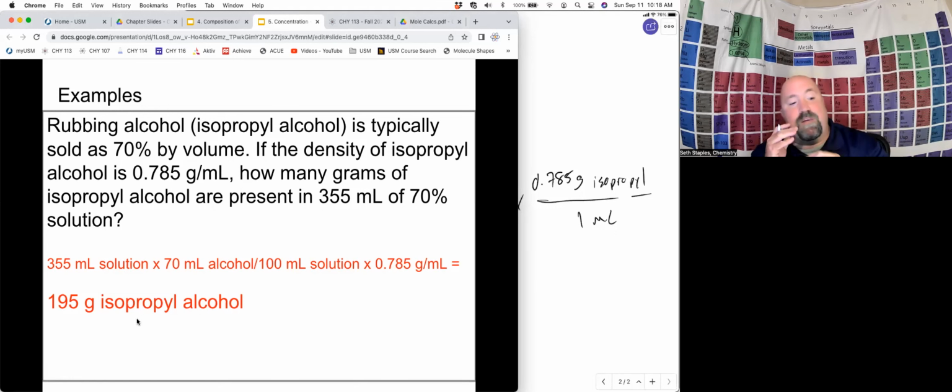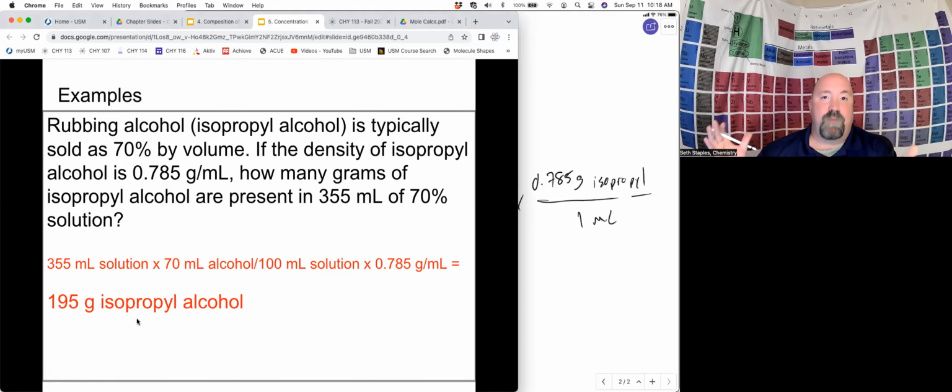Again, if we don't look at the particulars of this, if we just look at overall what we're being asked here, we have a certain sample of something. So we have some sort of homogeneous mixture, some sort of solution, in which we know the percent by volume concentration of our solute of interest, which is dissolved in there. And we want to know in a particular amount of that, in some particular volume, how much of that actual solute are we getting?